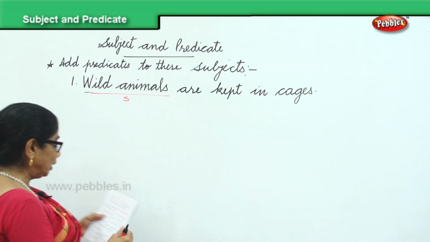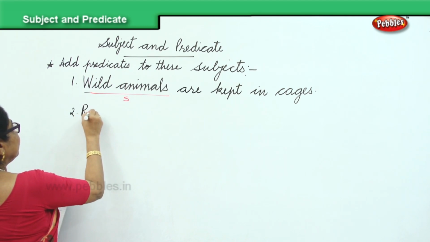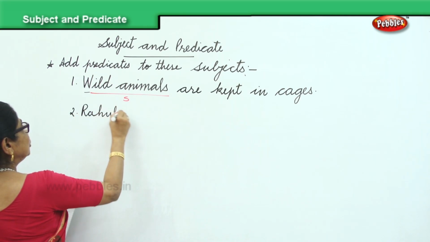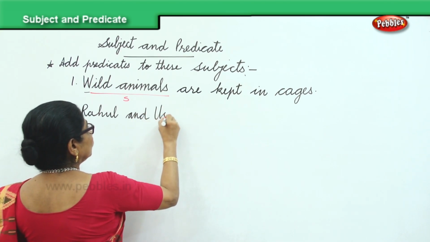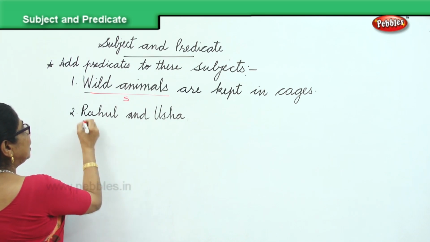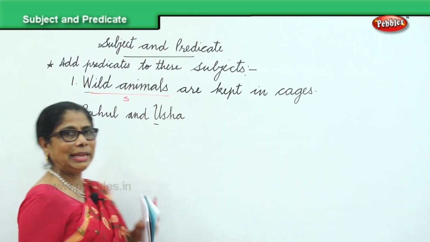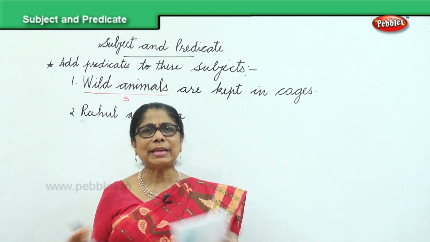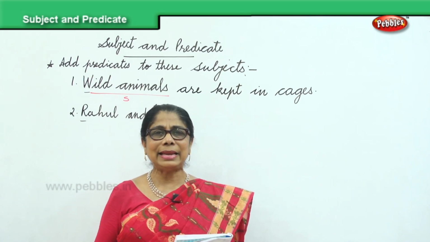Now I'll give you another one. Rahul and Usha. Now I have given you Rahul and Usha. R and U are capital letters because that's the name of people. So I have given you the subject, Rahul and Usha. Complete the sentence.